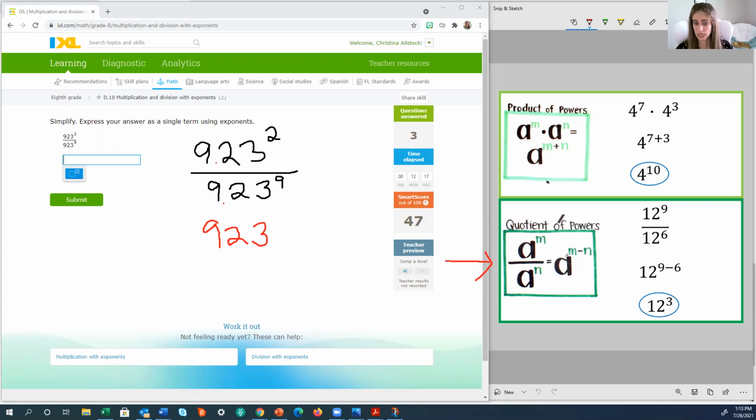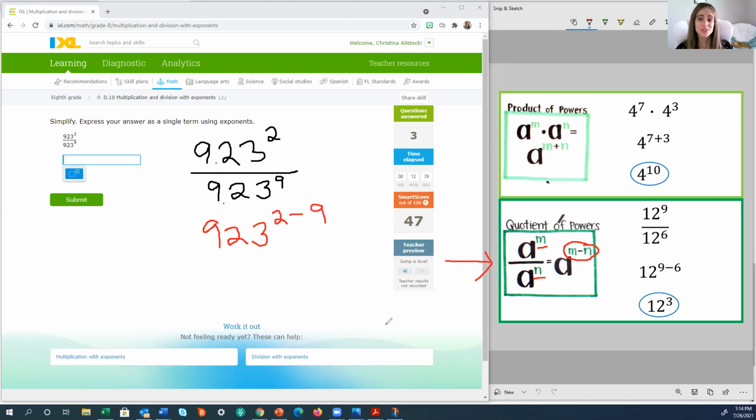This part is key. If we look at our rule here, notice that they took m minus n. Our numerator exponent is subtracted from our denominator exponent. Therefore, it is 2 minus 9.